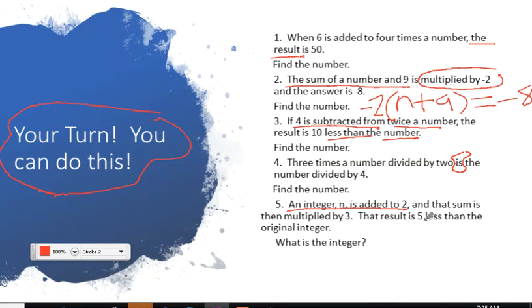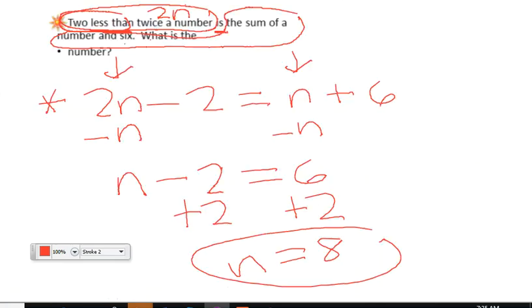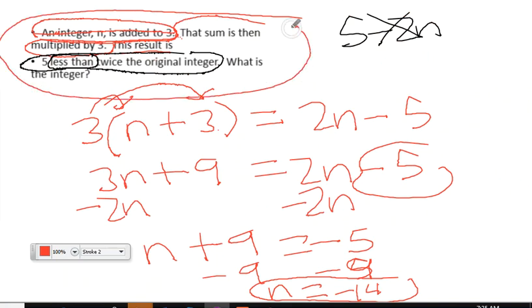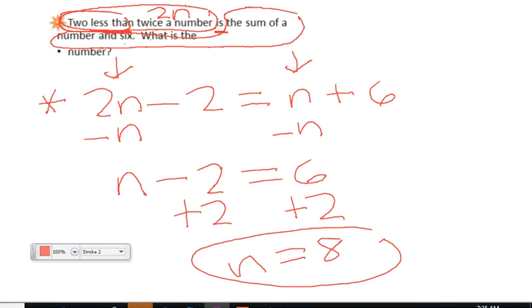That result is 5 less than, there's the less than again, is 5 less than the original integer. What is the integer? So for help with number 5, go back to, let's see, this one right here, this example. And that will help you, okay?